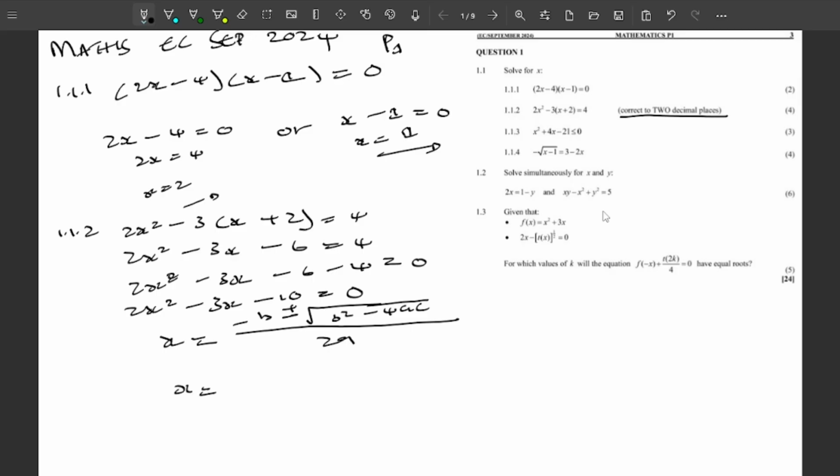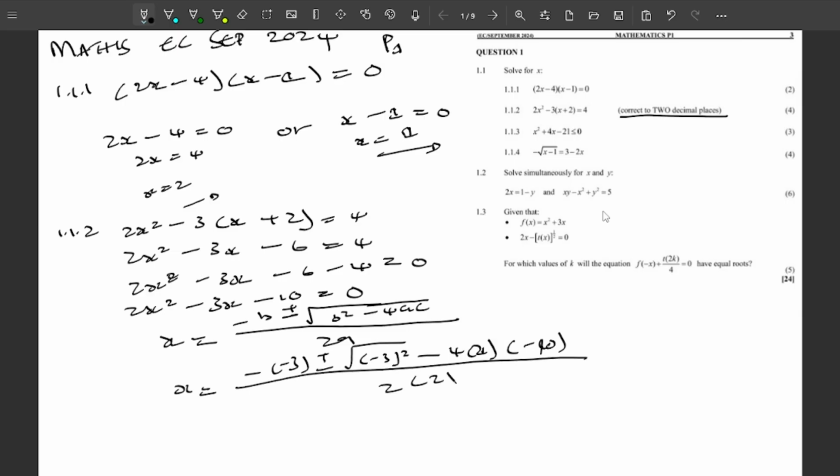Then we input the b value, which is minus 3, then plus or minus the square root of b squared, then 4 times a, which is 2, in this case it's not 1, and c is minus 10, and then divide all by 2a, of which our a is 2.